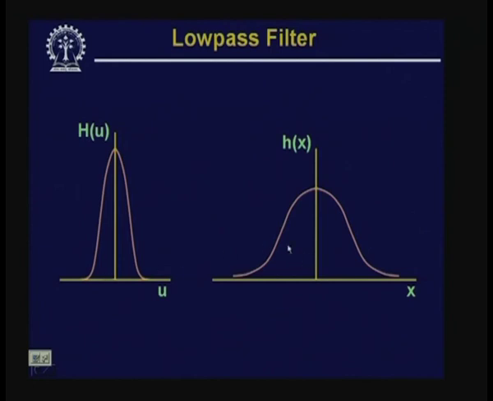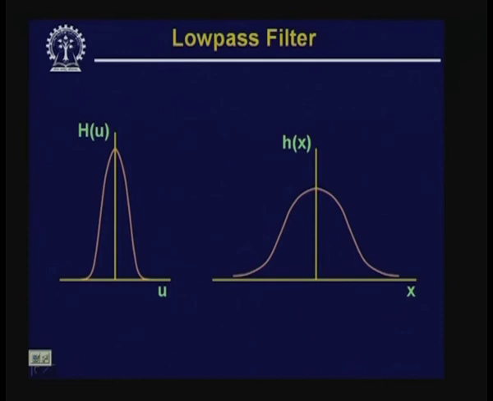From these filters, it is quite obvious that once I specify a filter H(u) in the frequency domain, the corresponding filter H(x) in the spatial domain will have all positive values. That is, H(x) never becomes negative for any value of x.